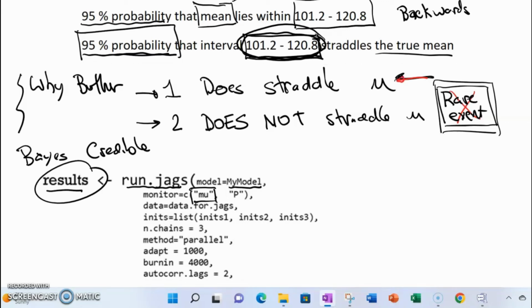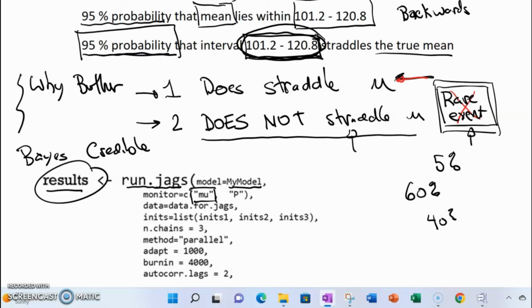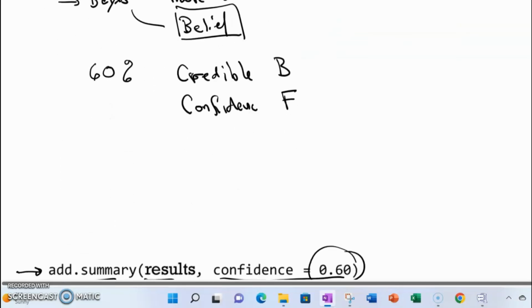And the second alternative, that it doesn't straddle the true mean, is a rare event that only occurs 5% of the time. But if we crank it down to a 60% confidence interval, then there's a 40% probability that it doesn't straddle the true mean. Therefore, we're no longer dealing with a rare event, and therefore this logic no longer applies.